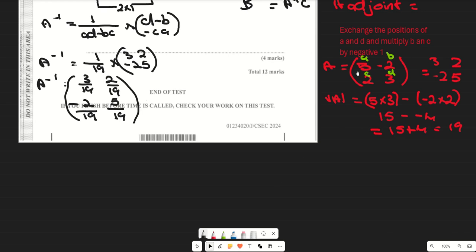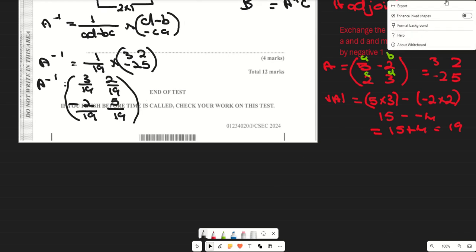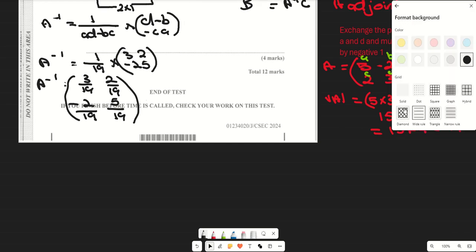Again, I'm running out of space, so I am going to use white as the background.